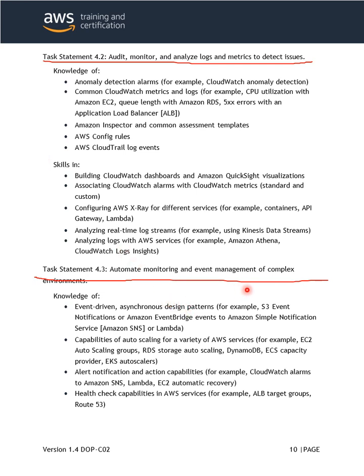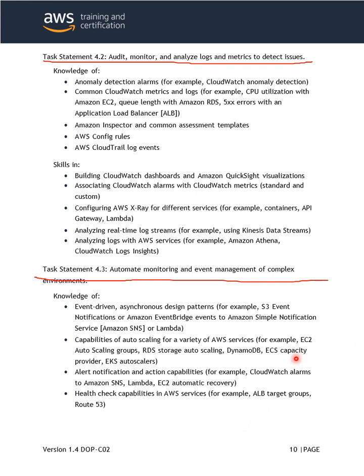4.3, automate monitoring and event management of complex environments. It needs knowledge of S3 event notification, event queries, SNS, Lambda, auto scaling groups, RDS storage auto scaling, DynamoDB, ECS capacity auto scalers, Lambda, EC2 automatic recovery, health check capabilities.